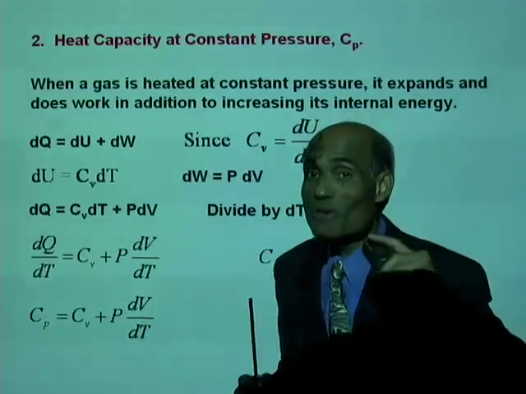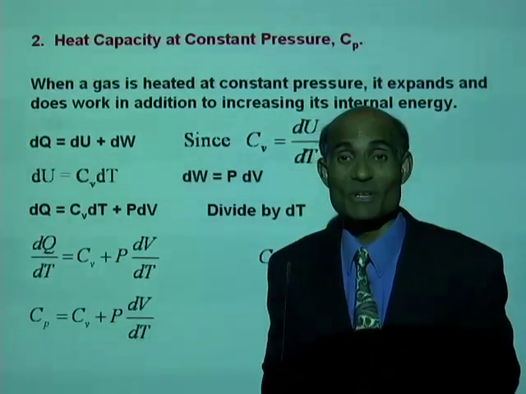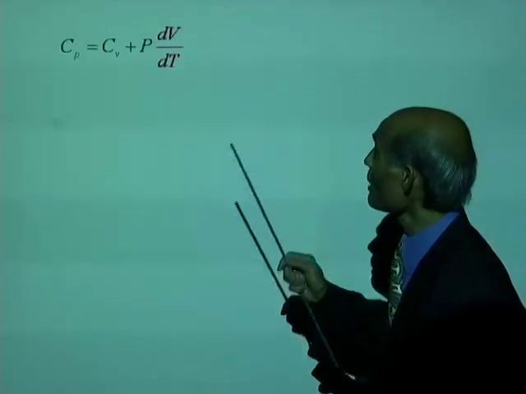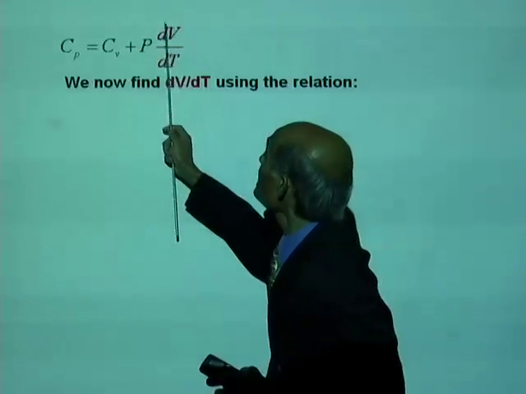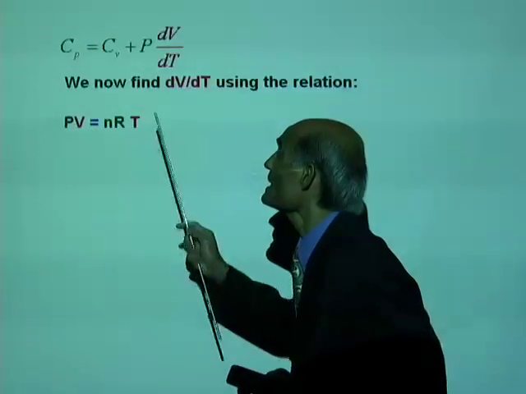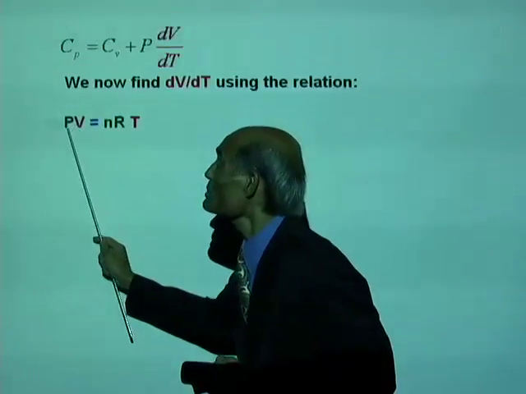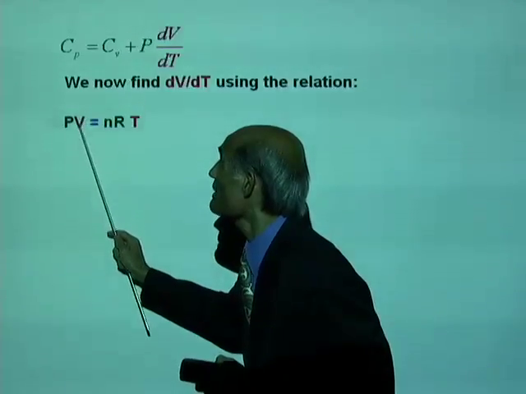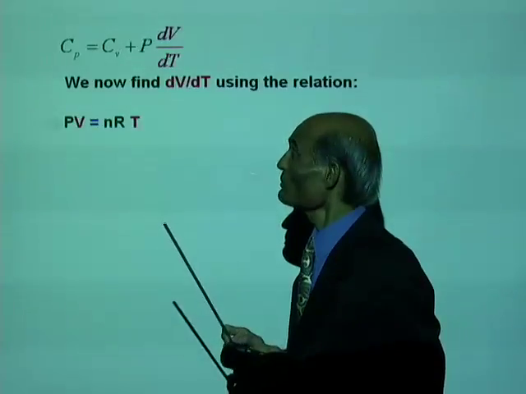Where do we go for that? Well, we go to our familiar equation. What is our familiar equation? The ideal gas equation, PV equals nRT. All right, let's go there. We now find dV by dT using the relation PV equals nRT. Well, P is a constant. So, if you find the derivative of the left-hand side and right-hand side with respect to T, what will you get?